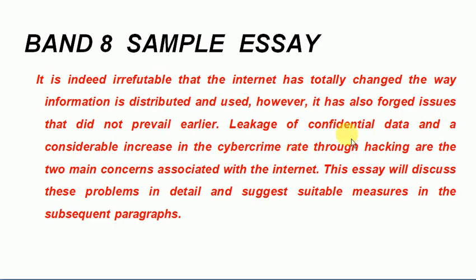So leakage of confidential data and a considerable, मतलब बड़े, means ज़्यादा, जिसको हम consider कर सके उस चीज़ को. 1-2 activities नहीं, ज़्यादा activity हो रही है उस चीज़ की. So considerable increase in the cybercrime rate through hacking are the 2 main concerns associated with the internet.